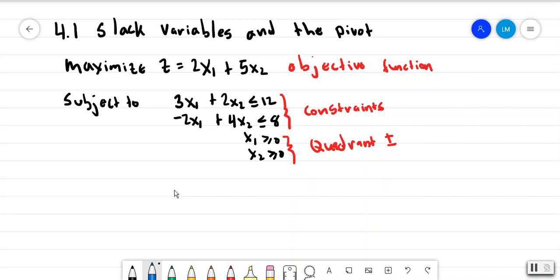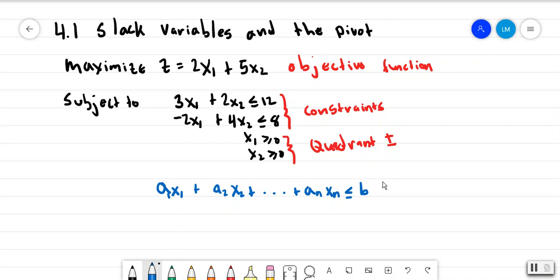What you're going to be looking at in your examples is something like a1x1 plus a2x2 followed by an xn, and then this is less than or equal to b. So standard maximization form has all of the constraints of this form.